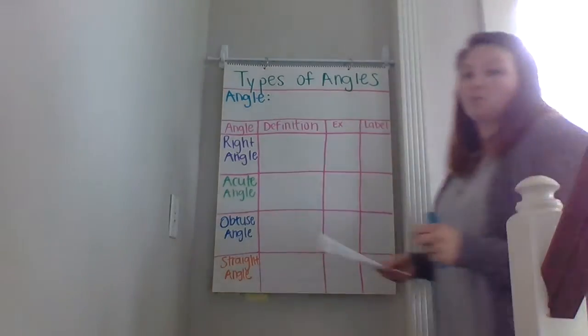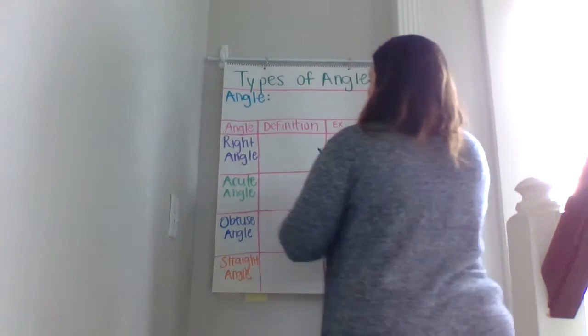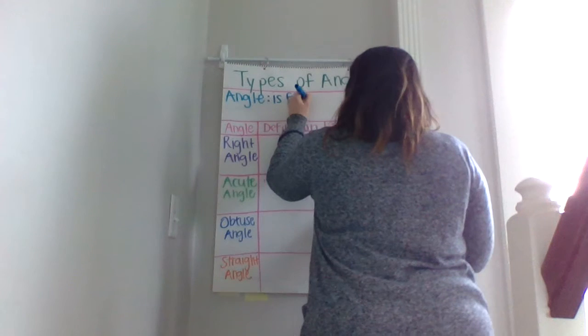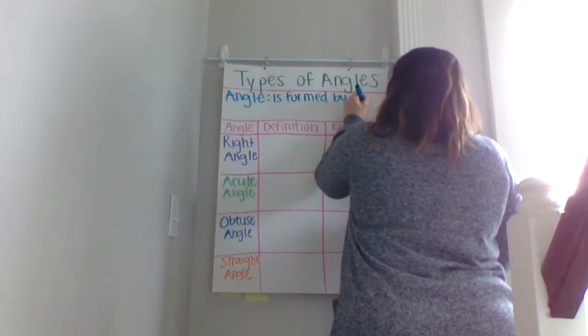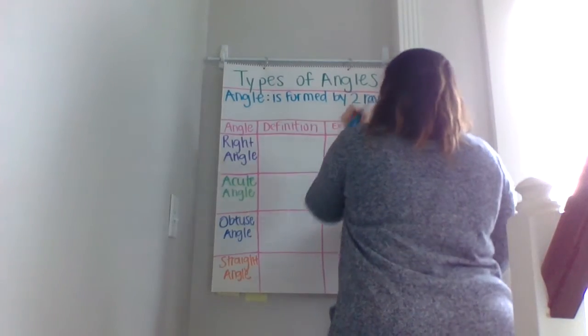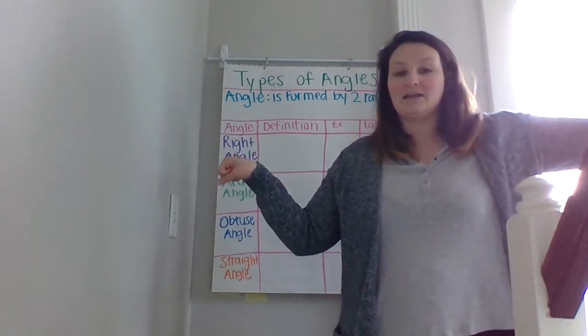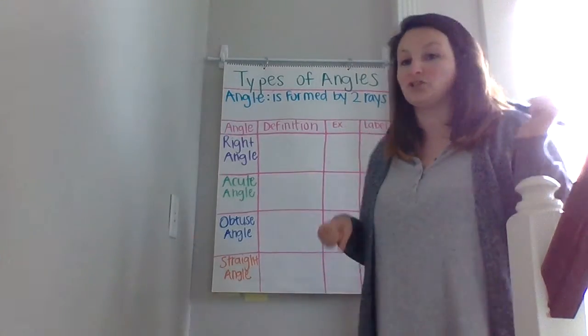And first we need to define what an angle is. So an angle is formed by 2 rays. And remember, yesterday we learned that a ray has one endpoint and an arrow at the other end because it goes on in one direction.